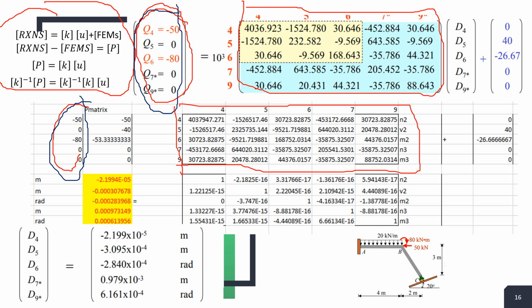Please note the 10 power 3 outside. So they're basically the same matrix, except this one I factored 10 power 3 out, and this is the same there.